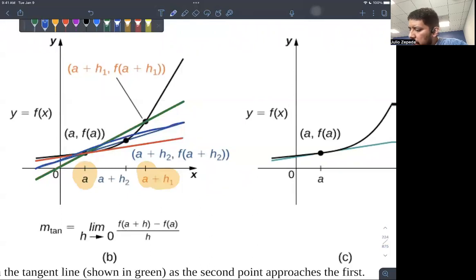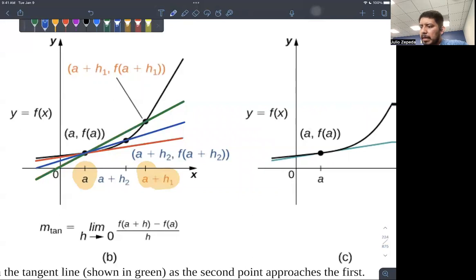If h decreases, from the green line you get this blue line, which more closely represents the slope of the red line, the slope of the tangent line. So here we're decreasing the value of h to get closer and closer to the tangent line. The secant lines approach the tangent line as h gets closer to 0.